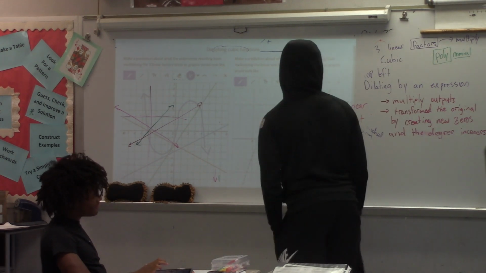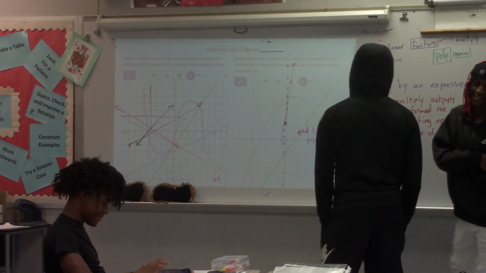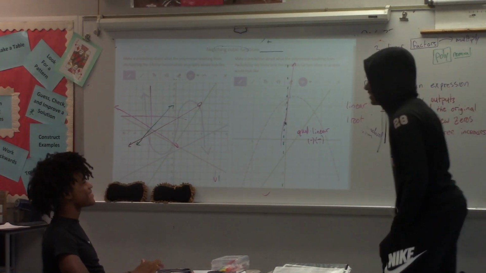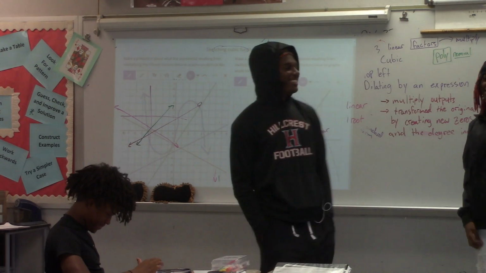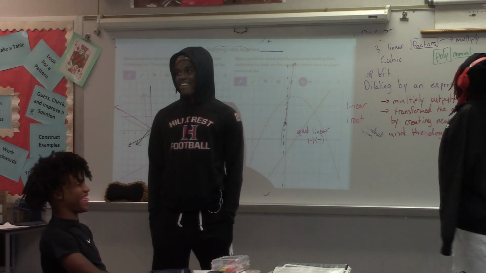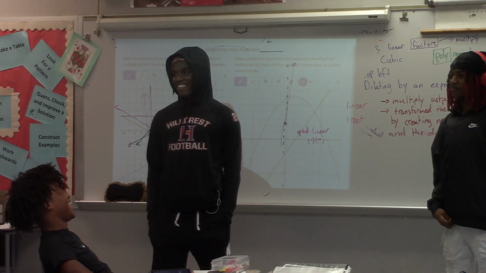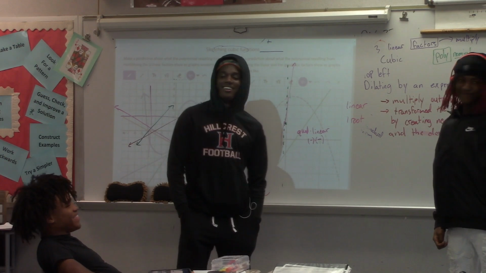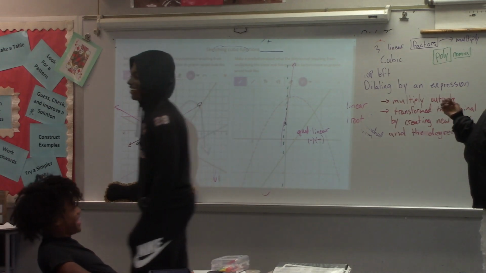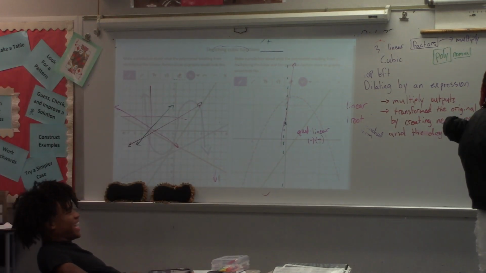And then we got a process for determining what ranges, what intervals would be positive and negative. Talk with your group. Ask yourself, what do we do to determine values between the vertical dash lines?